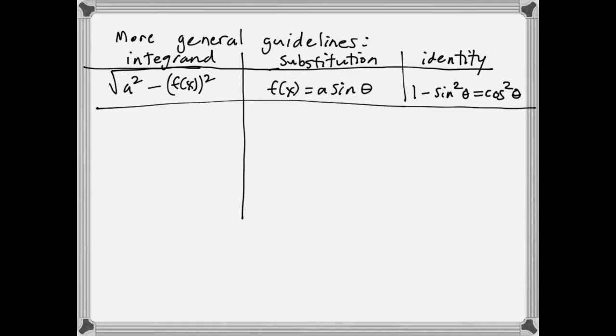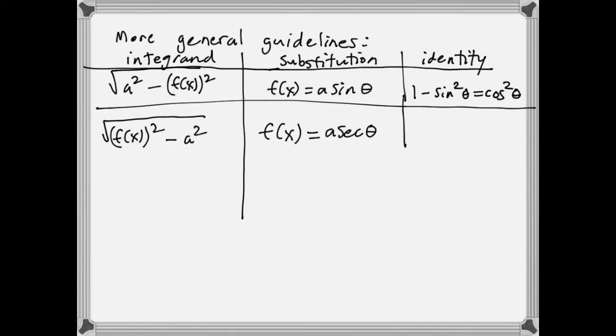In our next one, if you have f of x squared minus a squared, then your substitution is going to be a times secant theta. And again, the identity that you use is secant squared theta minus 1 is equal to tan squared theta.